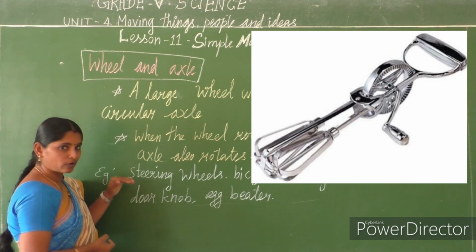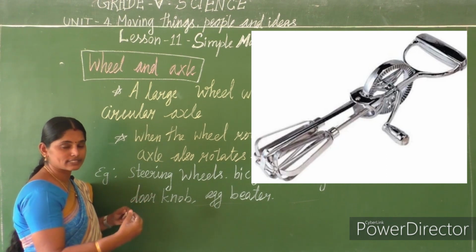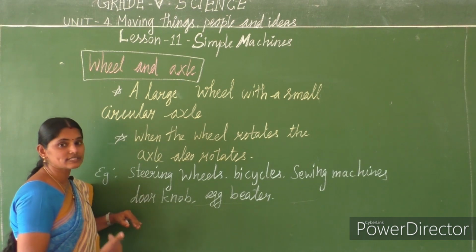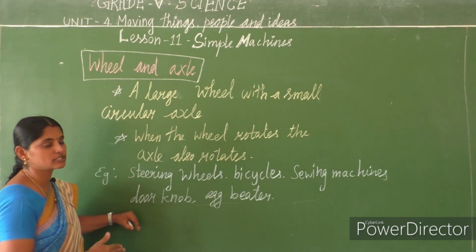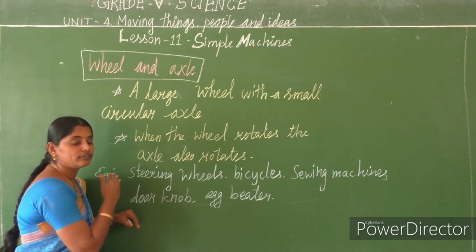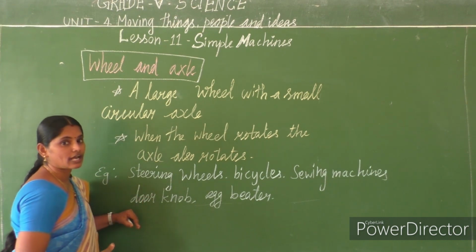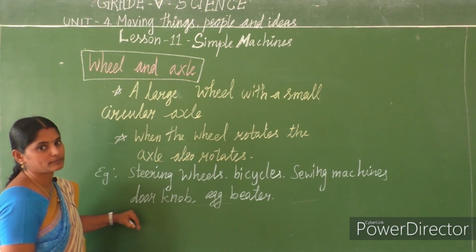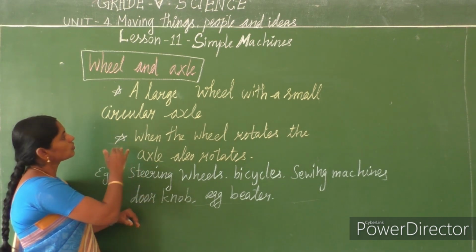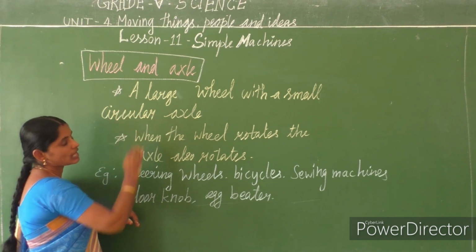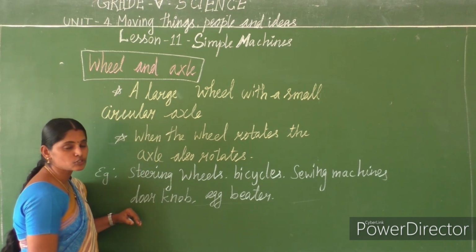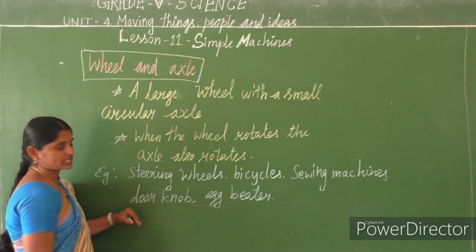You also derive some examples for all these simple machines we have seen so far. Derive some more examples, whatever I have not mentioned in the classroom, okay. So a large wheel with a small circular axle in it, this arrangement we call wheel and axle.